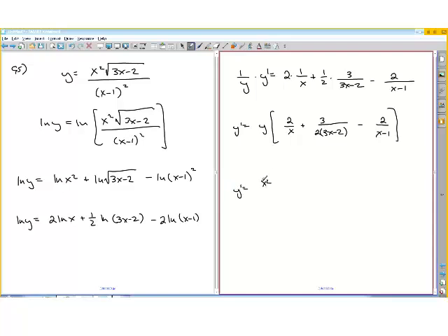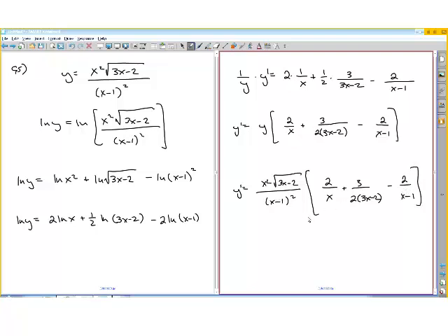So you get y prime is equal to x squared times the square root of 3x minus 2 divided by (x minus 1) squared, which is y, times this whole big expression here: 2 over x plus 3 over 2 times (3x minus 2) minus 2 over x minus 1.